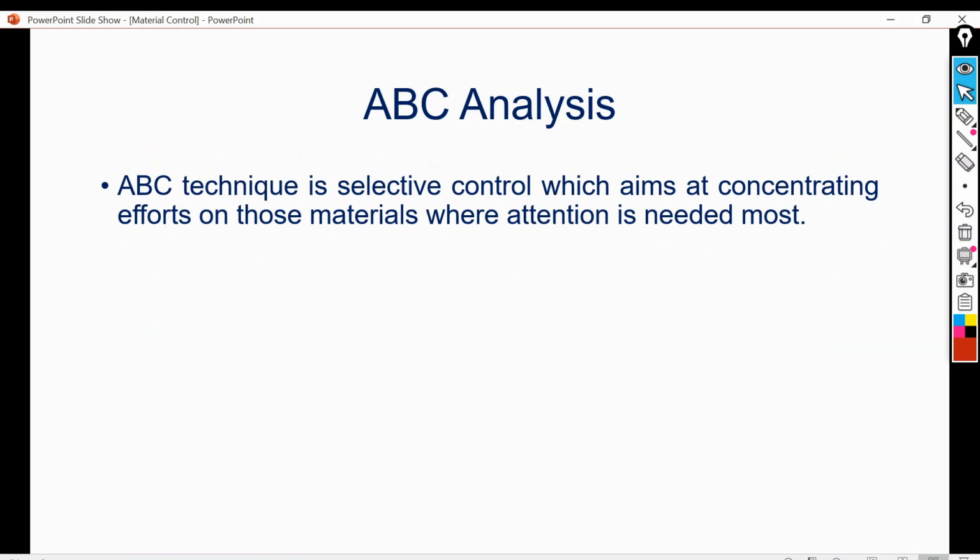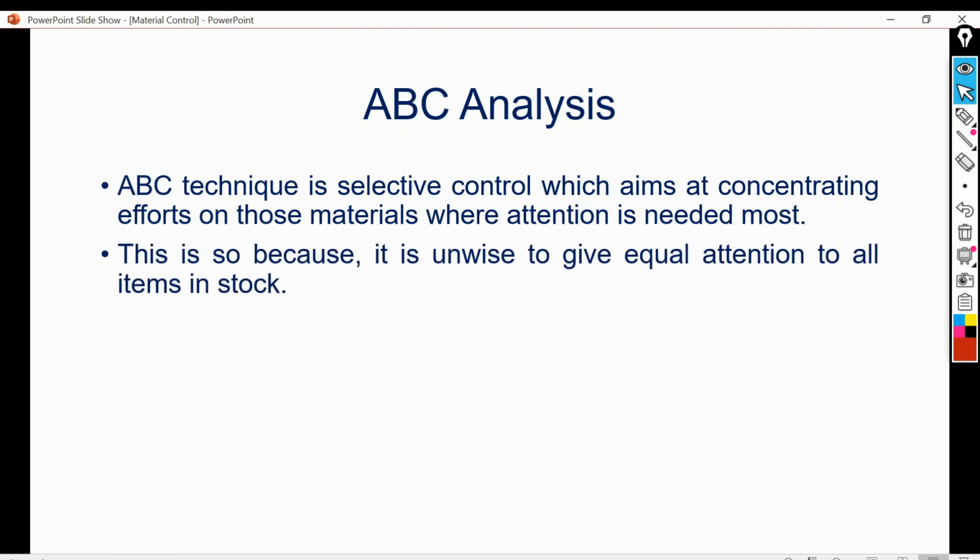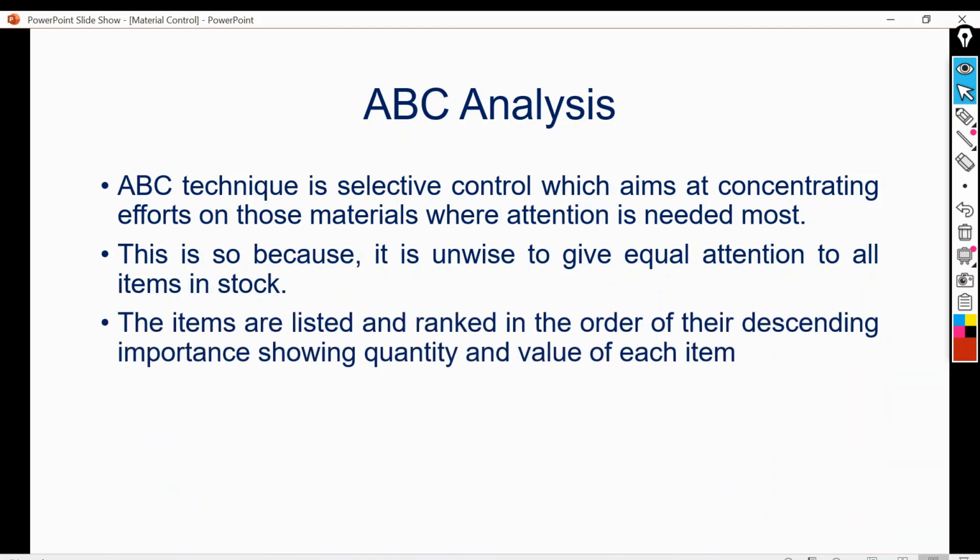ABC technique is selective control aiming at concentrating effort on those materials where attention is needed most. This is so because it is unwise to give equal attention to all items in stock. The items are listed and ranked in the order of their descending importance, showing quantity and value of each item.